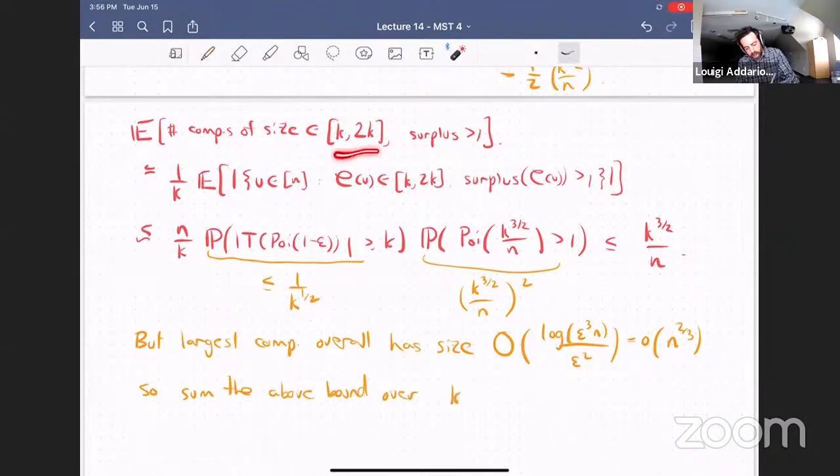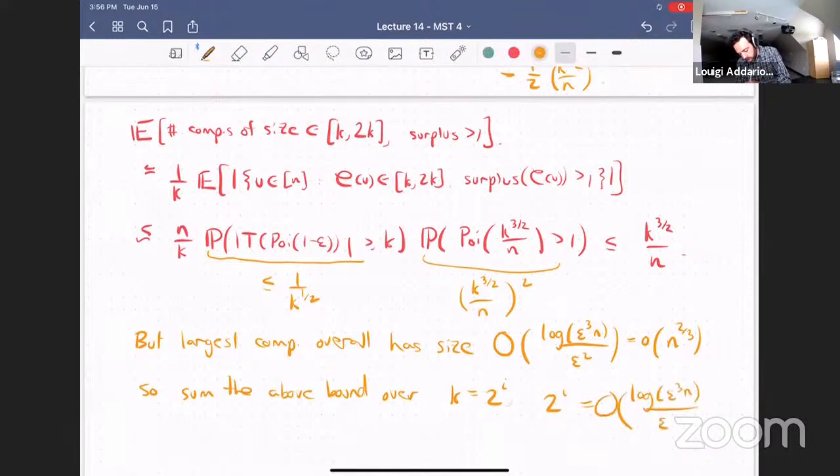The reason we did these dyadic intervals is so that we can sum over k of the form 2 to the i, where 2 to the i is now at most our bound here. Even at the very largest value of k, the contribution is little o of 1, and then as k decreases from the maximal value, the expected number geometrically decreases. So the sum overall is little o of 1.